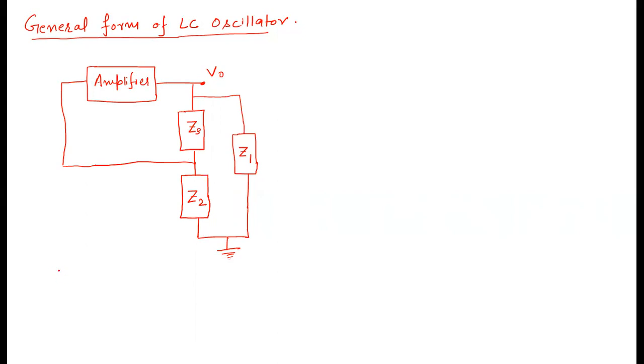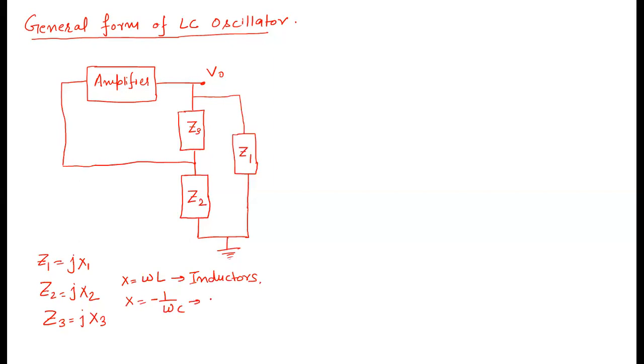Let's discuss where Z1 is equal to jX1, Z2 is equal to jX2, and Z3 is equal to jX3, where X is equal to omega L for inductors, and X is equal to minus 1 upon omega C for capacitors.